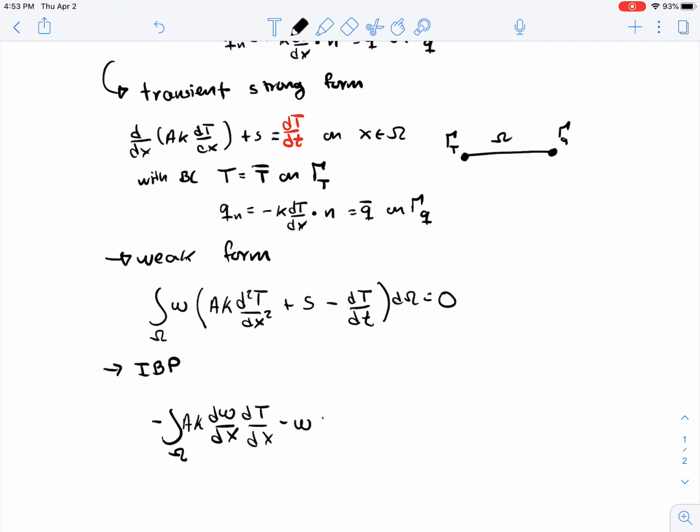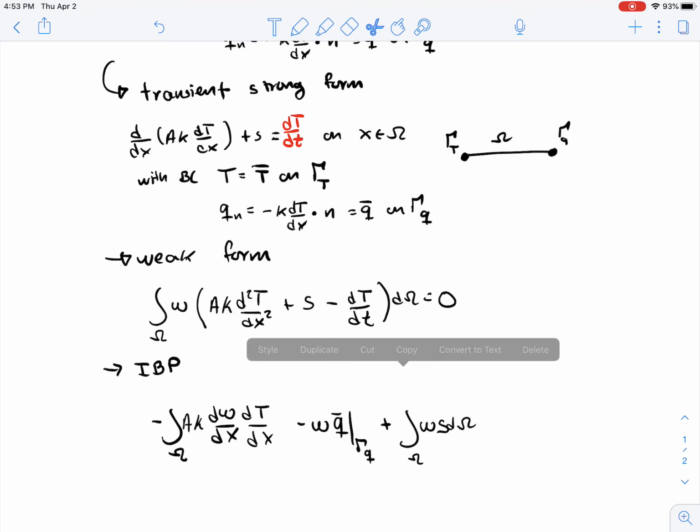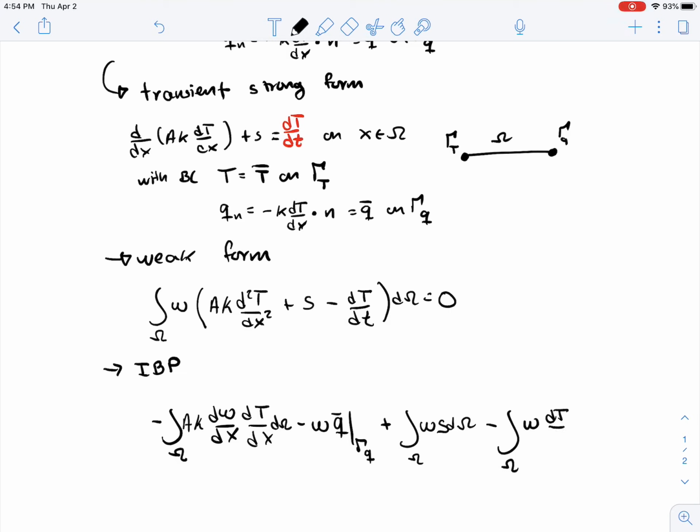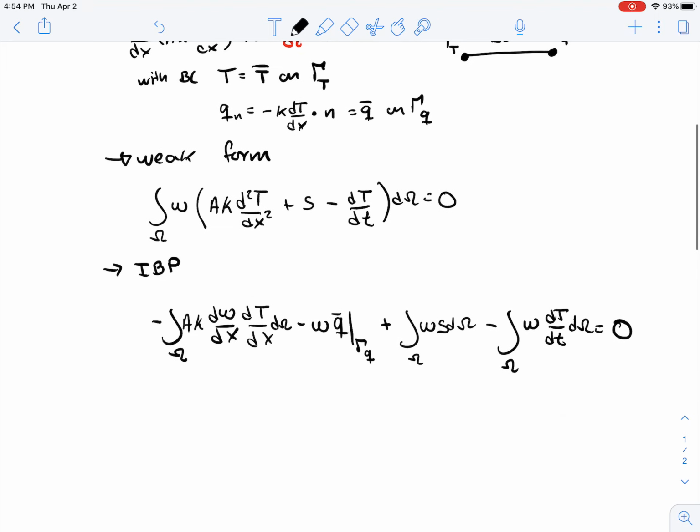So this is gonna be minus omega q bar in gamma q, and then plus integral of omega s d omega. I should probably add a d omega right here, and then minus integral of omega dT/dt d omega equals 0.